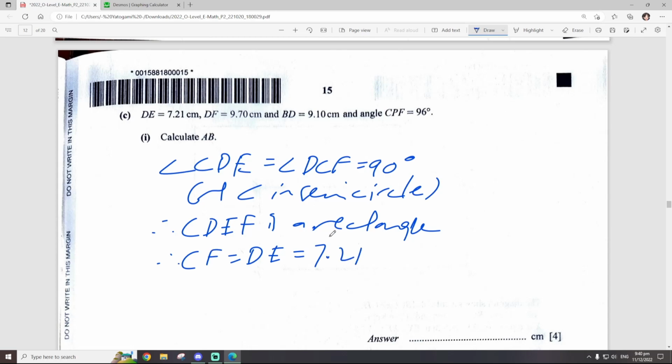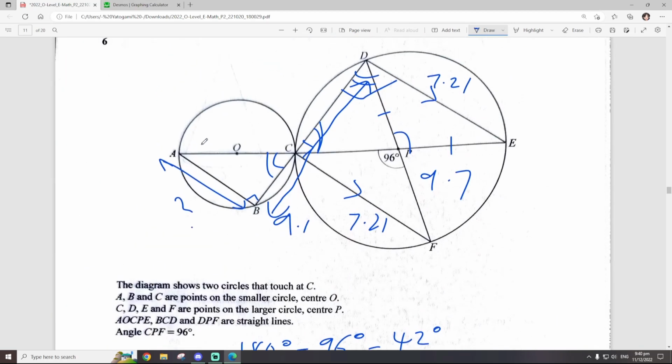Okay, now how do we find AB? By similar triangles, we're going to consider the fact that ABC and FCD are similar triangles. So that would be this triangle and this triangle. So we're going to consider AB divided by, we have 9.1 as the total length of these two sides. So we can use Pythagoras to find CD.